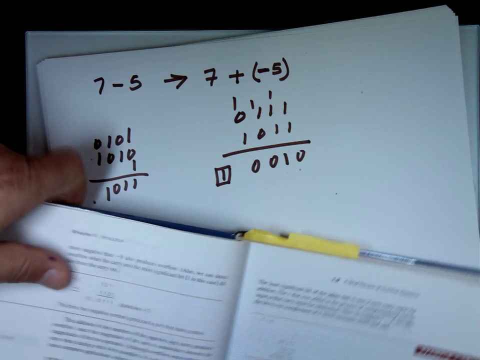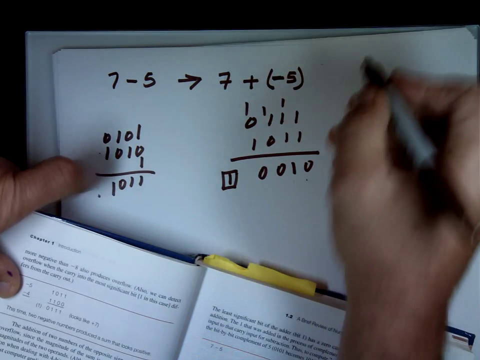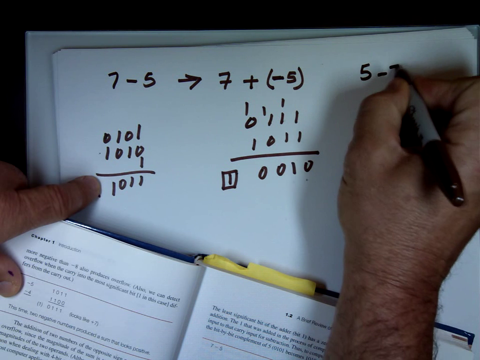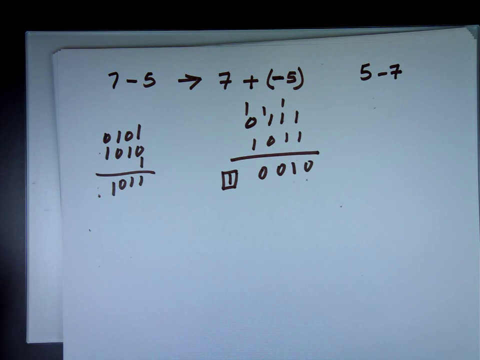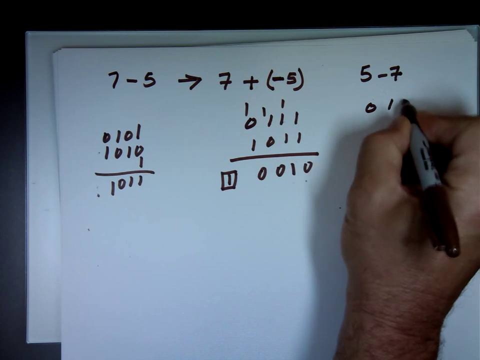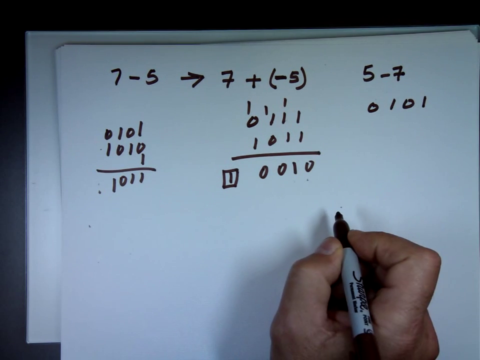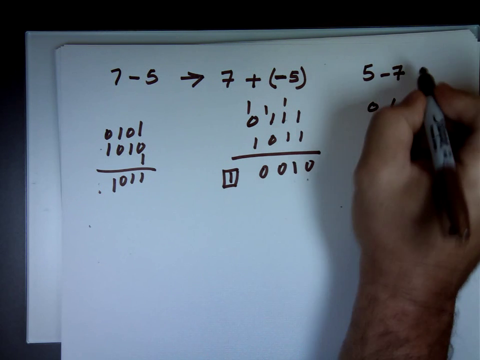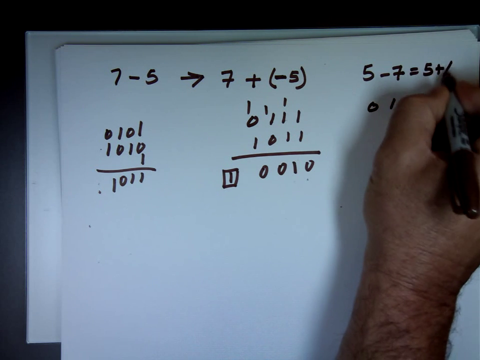Now if I do 5 minus 7, let's see what will happen. We know 5 is 0, 1, 0, 1. For 7, remember this is 5 plus a negative 7, so I've got to find the 2's complement of 7.